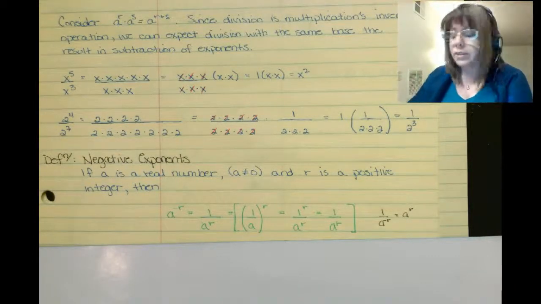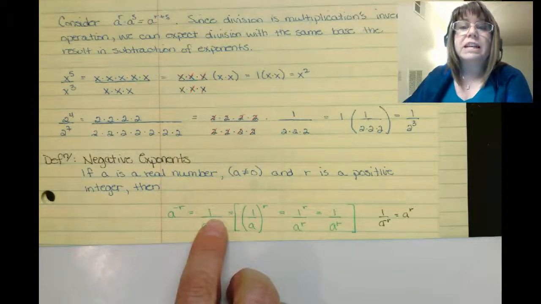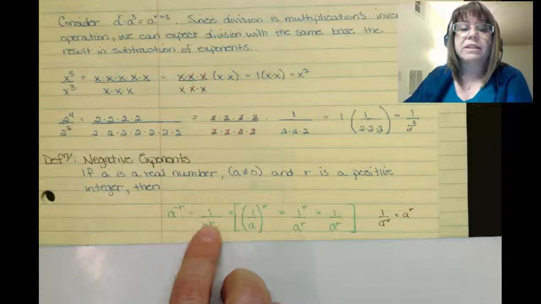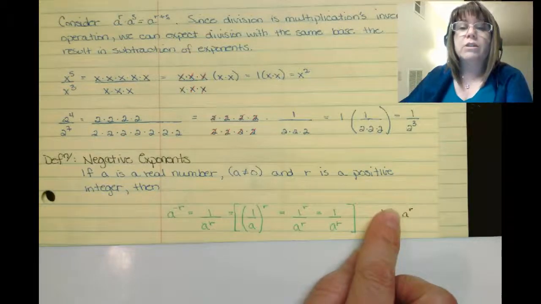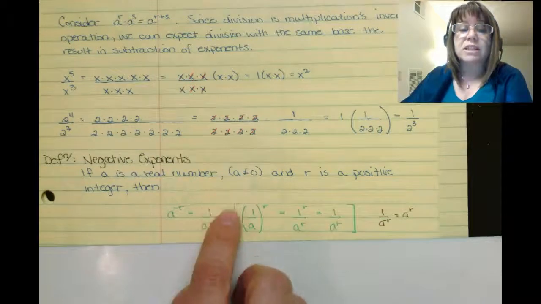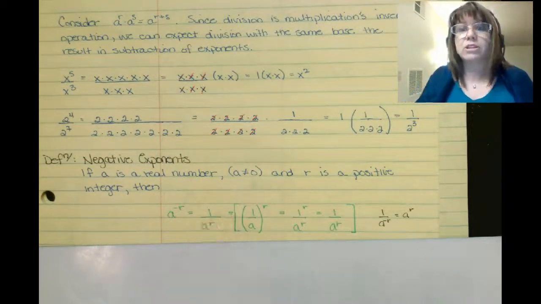If you want to consider it, this line denotes when the sign changes. So if it's negative, I bring it down to the denominator, becomes positive. If it's negative in the denominator and I bring it up to the numerator, it becomes positive. So the sign changes as soon as you cross that line, in either direction.